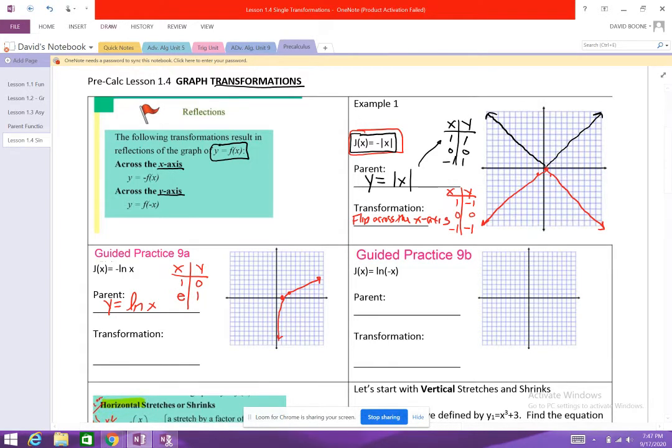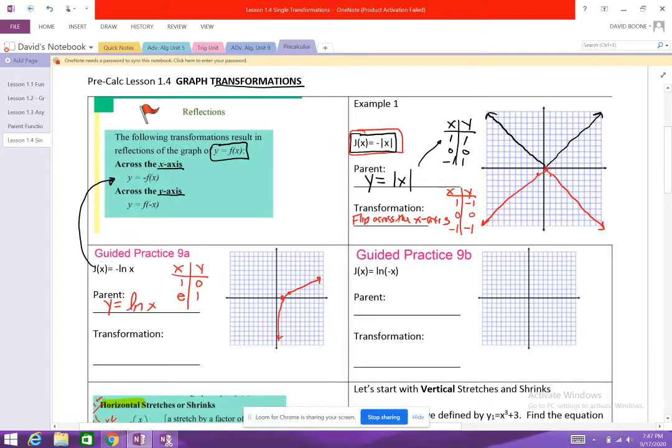Now, go back here and choose a different color. Looking at the transformation, I'll look at the rules from above up here. This one seems to be following that rule right there, because all I'm doing is negating out front the function.